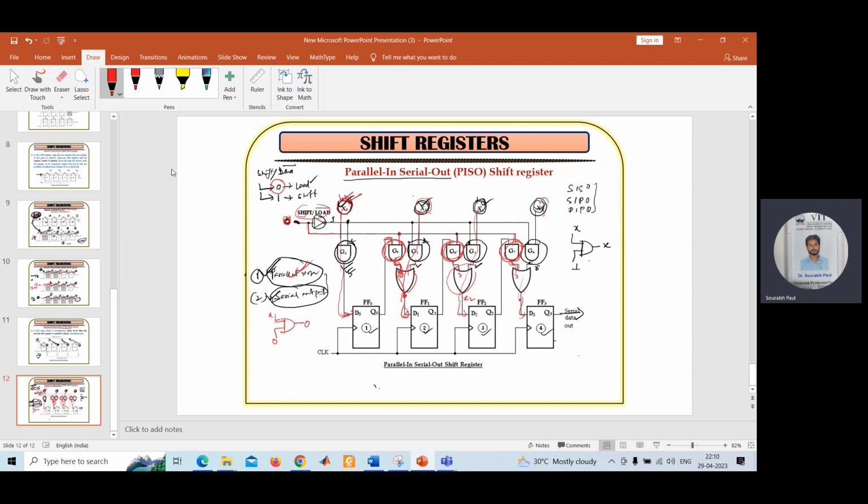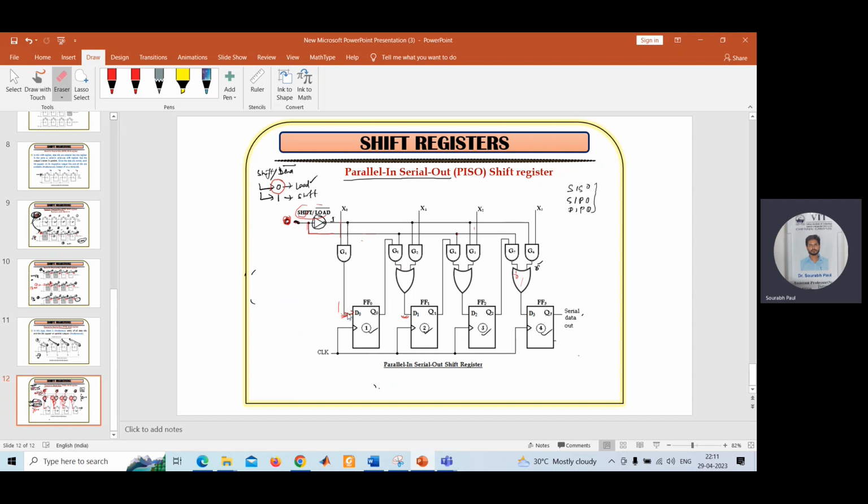After that, what you need to do is the serial output operation. So how to do it? In the second stage, your load bar/shift input you need to consider as 1 for the second stage, or serial output stage.